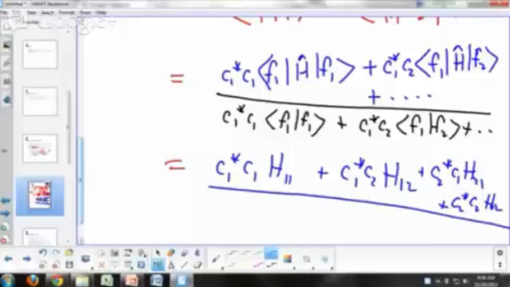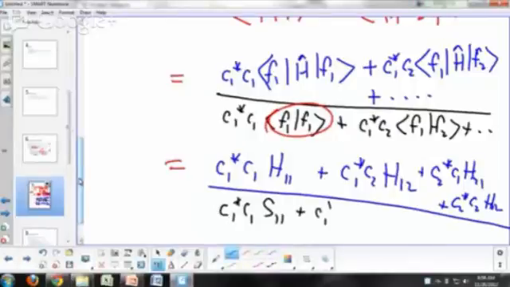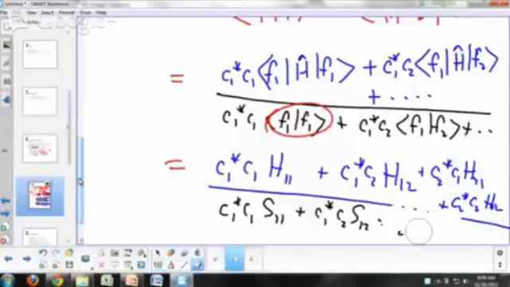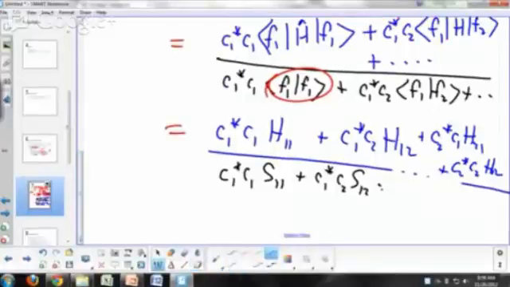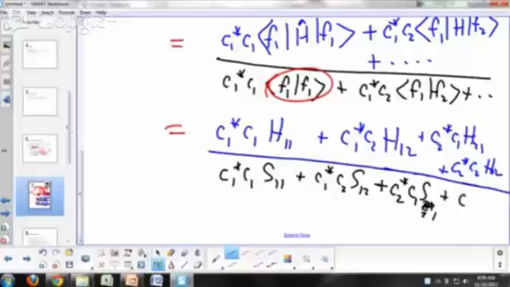And then you get those four terms in your denominator: C1 star C1 times S11, plus C1 star C2 S12, plus C2 star C1 S21, plus C2 star C2 S22.